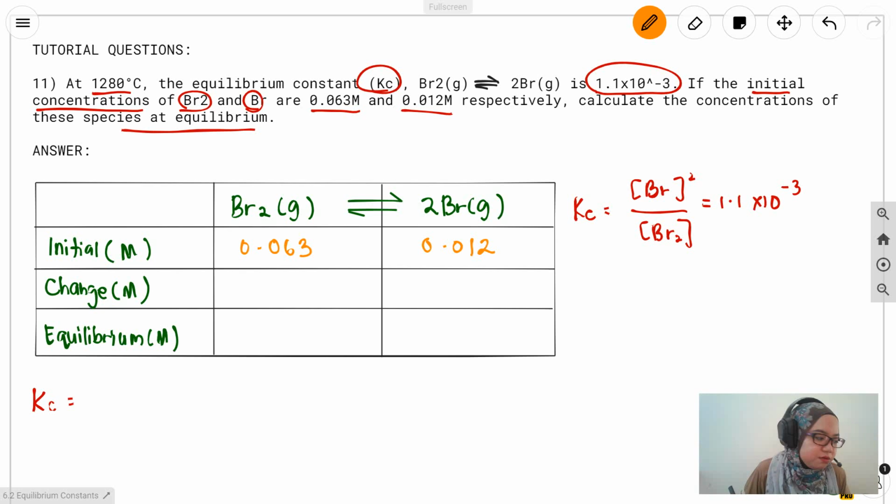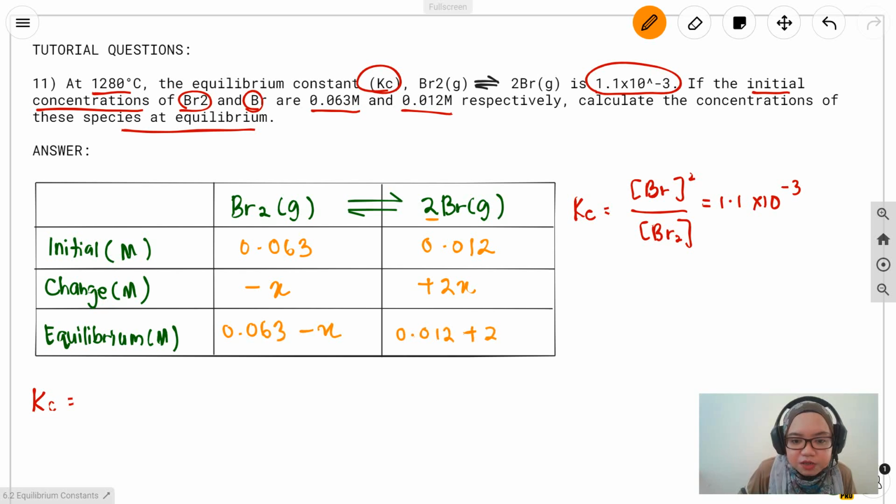Okay, so now we know that the change for the reactant is always negative, minus x, and for the product positive, so plus 2x because there is a 2 in front. Equilibrium is initial plus change, so 0.063 minus x, and this one is 0.012 plus 2x.